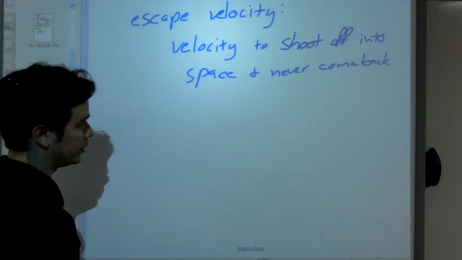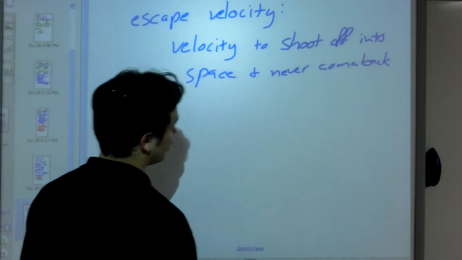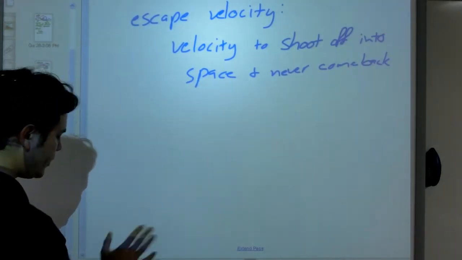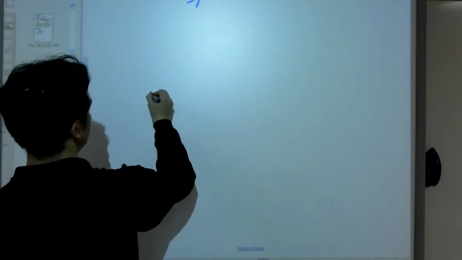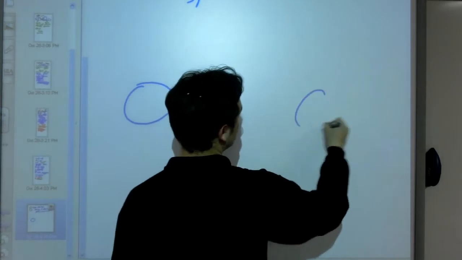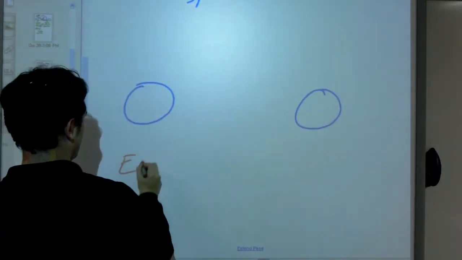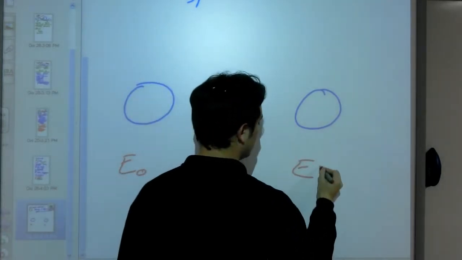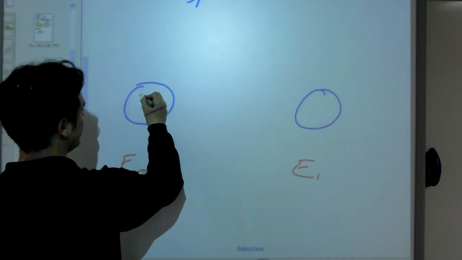We've only had a few things that we've set up that successfully do that, some of which are the Voyager spacecraft. But how we're going to do this, we're going to take a situation where we're looking at the Earth. It's not two Earths. We're going to have an initial energy and a final energy.